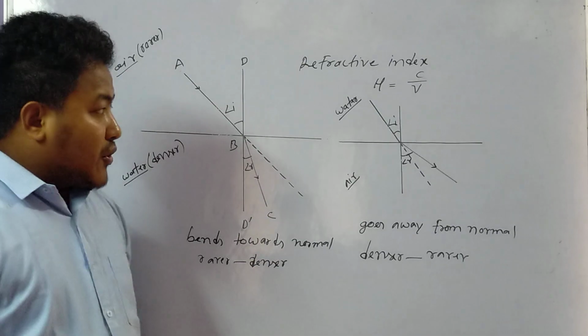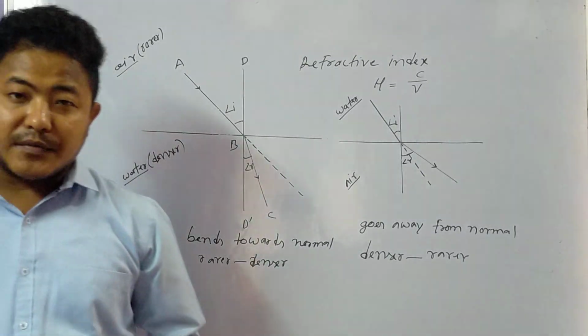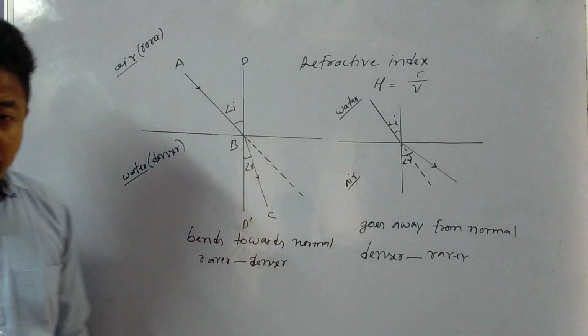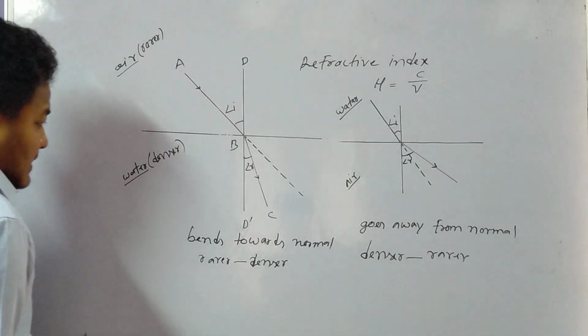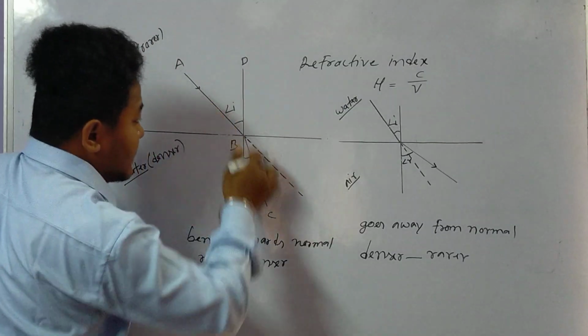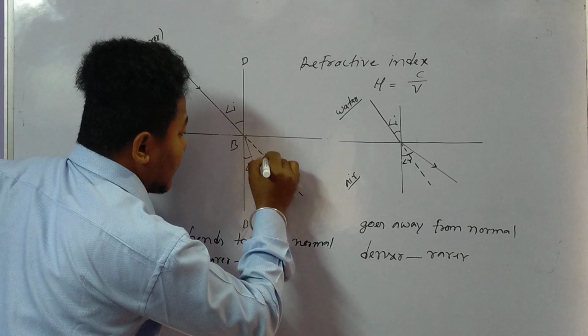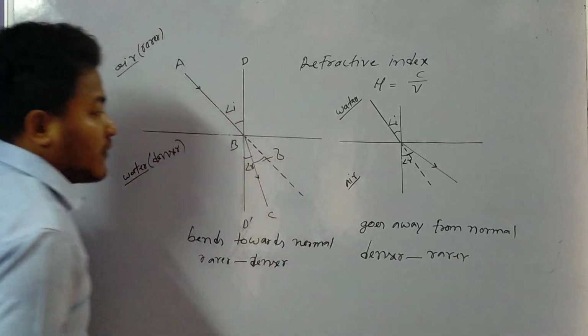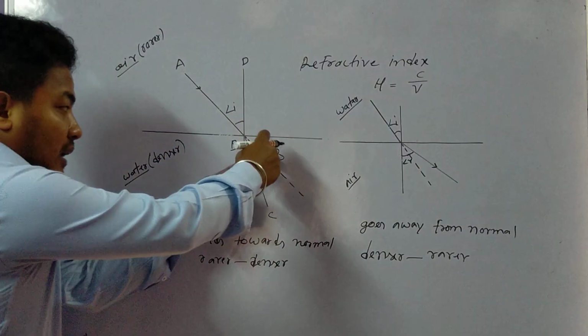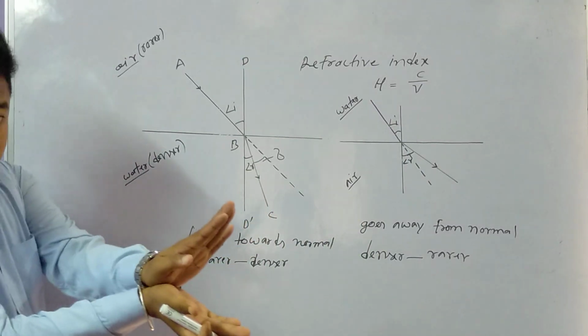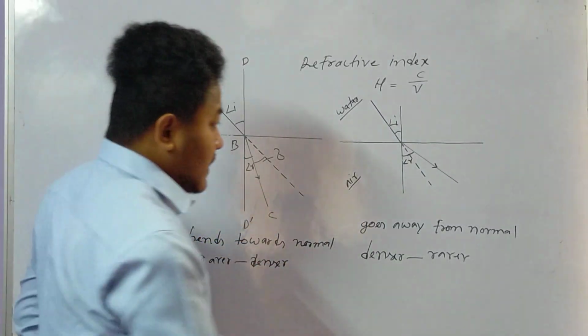Now in this case, one more thing will come. In case of reflection of light, we have studied about angle of deviation. In case of this particular diagram, this will be the angle of deviation, that is delta. Angle of deviation: how much it deviates from the original path.